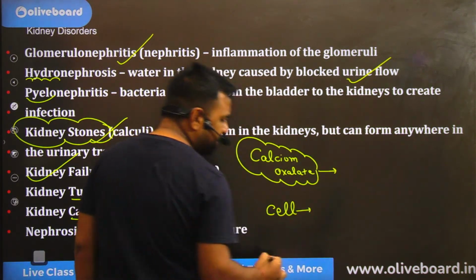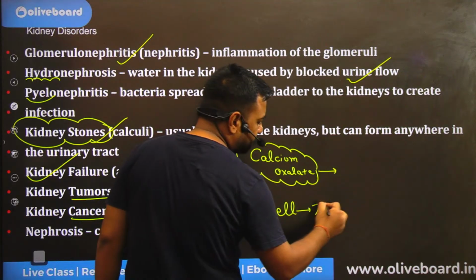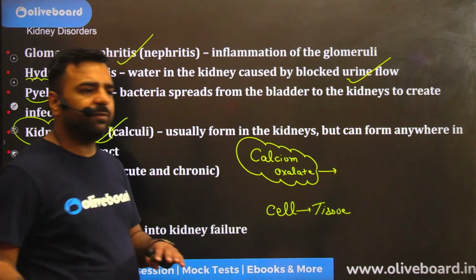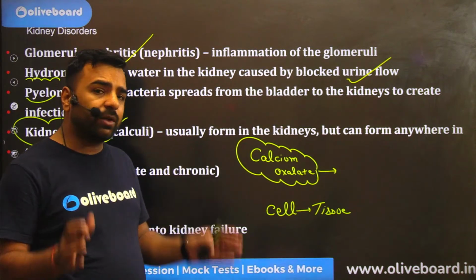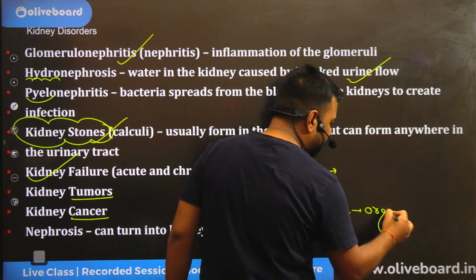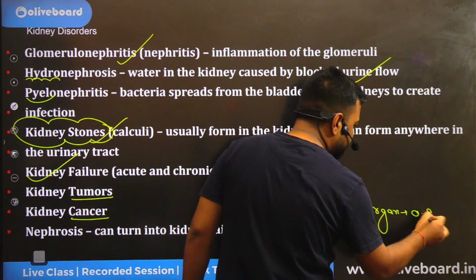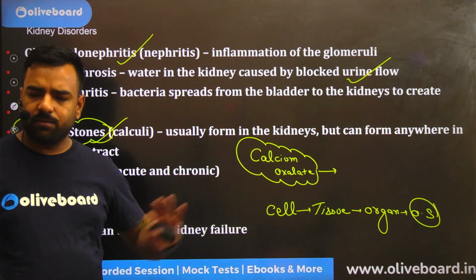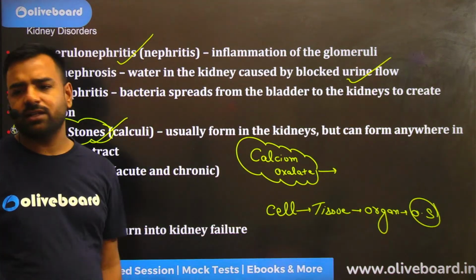When many cells of similar types combined together, they formed tissue. And when many tissues combined together, they formed an organ. And finally, the whole organ system was made, right? So this is the step by which our whole body's generation has taken place.